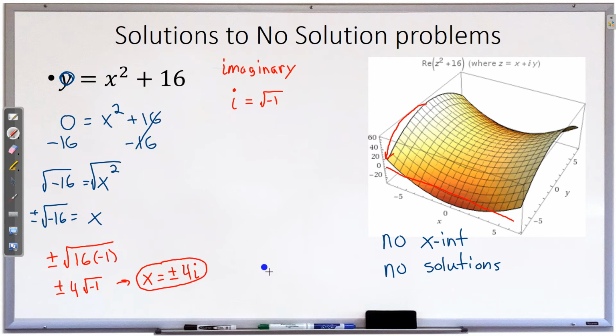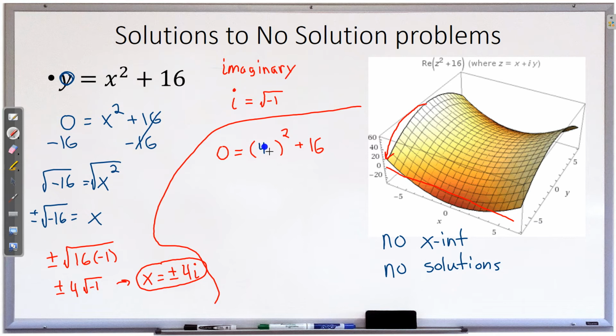Now you might be thinking, man, it does sound like you just made that up. So let's check it algebraically to see if it works. So if I plug this number in, this should work algebraically. So 0 equals, I'm going to plug in my answer, x squared plus 16. And so if I plug in this solution, one of these, either positive 4i or negative 4i, this should be true.